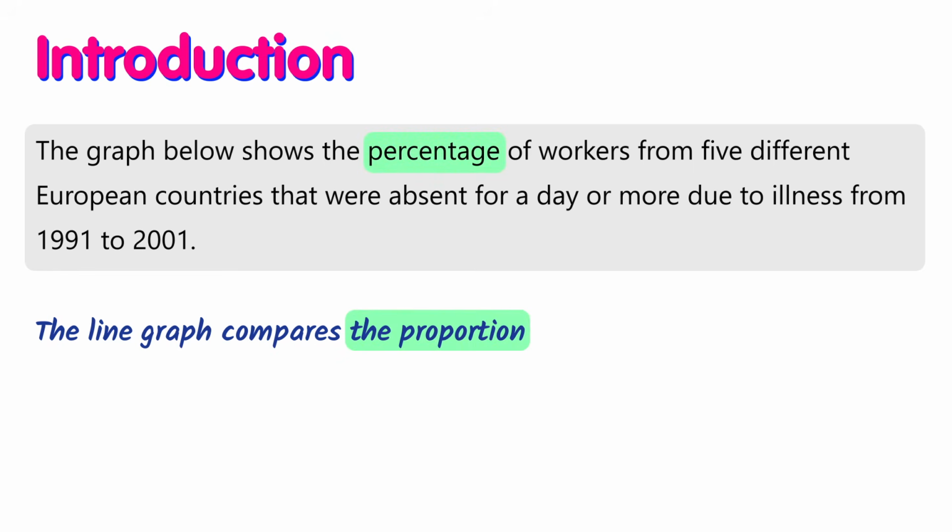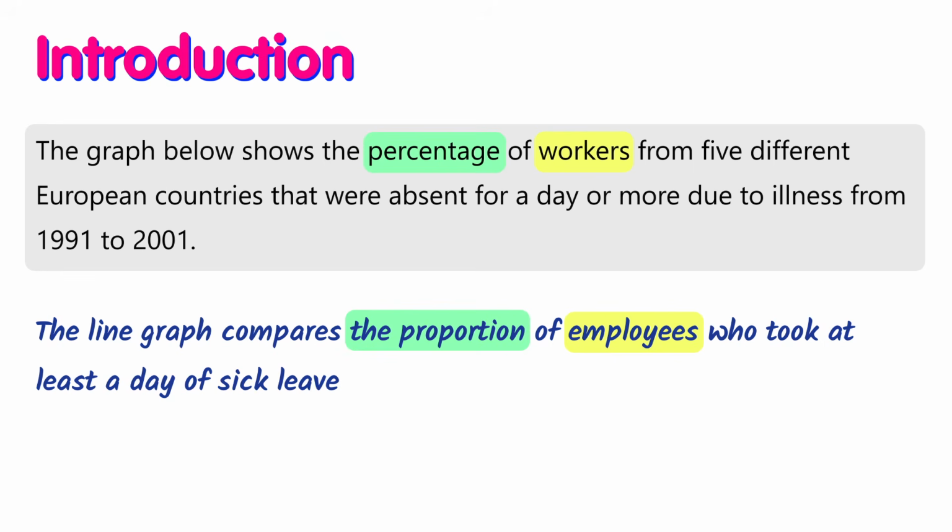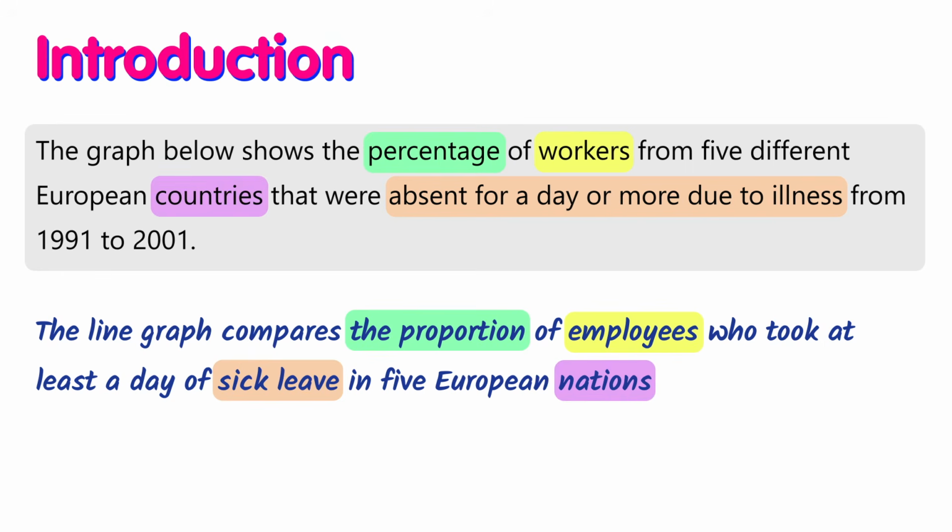Instead of percentage, I write the proportion of employees. Instead of workers, I write employees who took at least a day of sick leave. So absent for a day or more due to illness, I just write sick leave. In 5 European nations, instead of countries, I write nations between 1991 and 2001. That's it. It's a very clear and nice introduction paragraph.